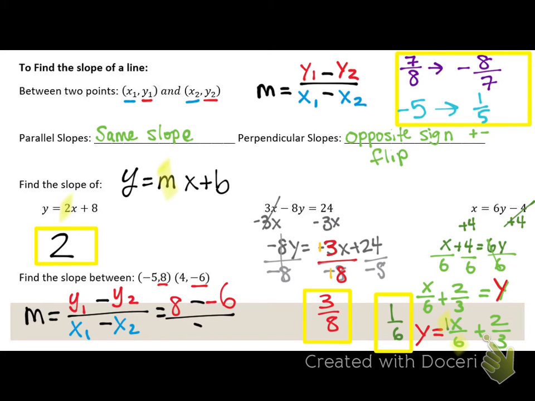Well, it's negative 6, and when I plug it in, there's a negative in the formula, which does make a plus. Correct. And then my first x and my second x is 4. 8 plus 6 is? Minus 5 minus 4? Negative 9. Can this be reduced? Nope, that's just the slope. That's it.